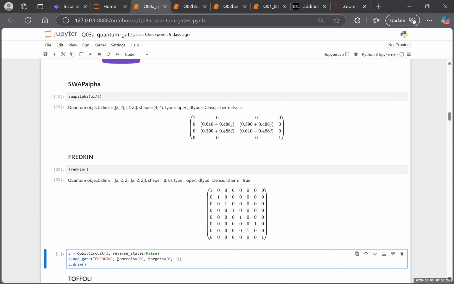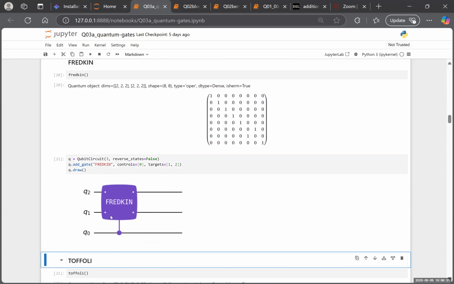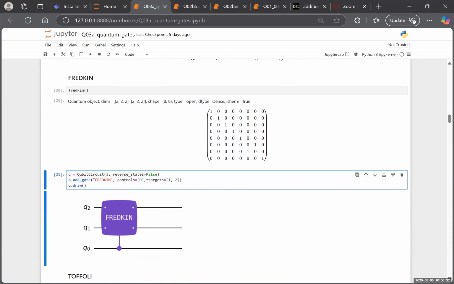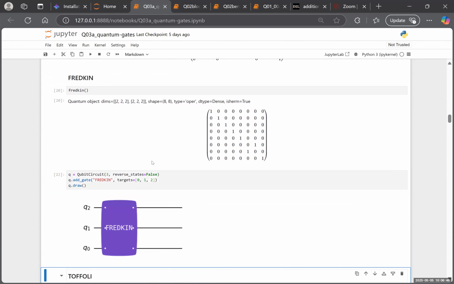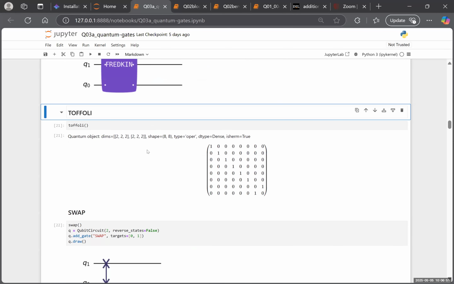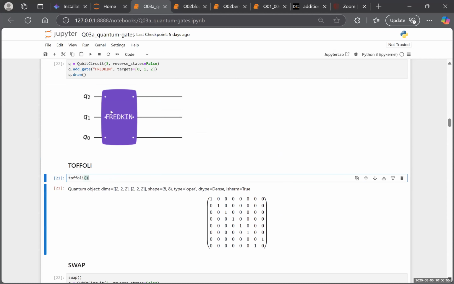That's 0 targets, 1 and 2. See if it works. Oh, so maybe with Fredkin, you don't write it as a control. Maybe just target 0, 1, 2. Hopefully.